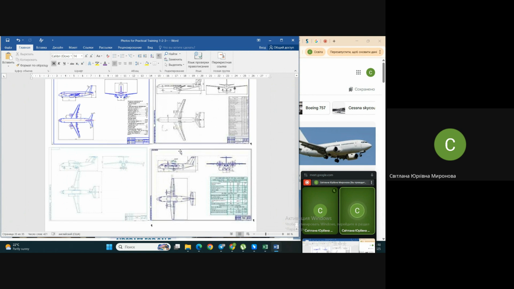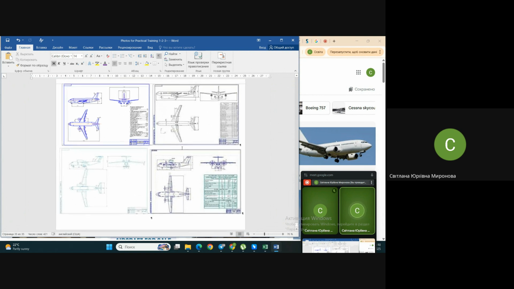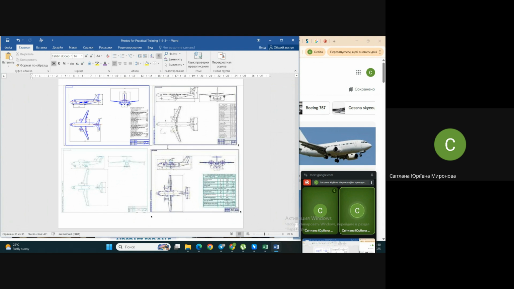I took these pictures from the internet. Of course, I may show you only something that does not contain any secrets. So the bad quality of these pictures is explained by the fact that I took them from the internet and they were very small pictures. These are examples of some diploma projects in our country.